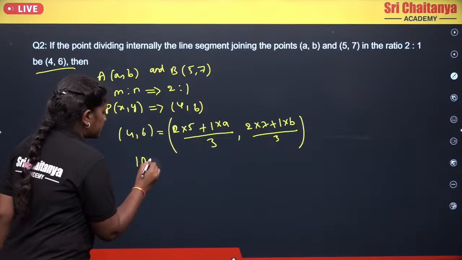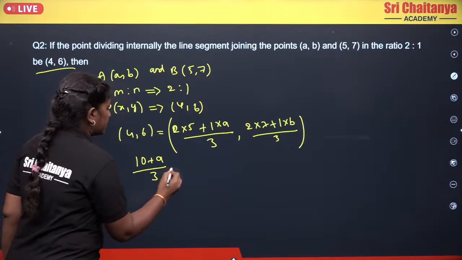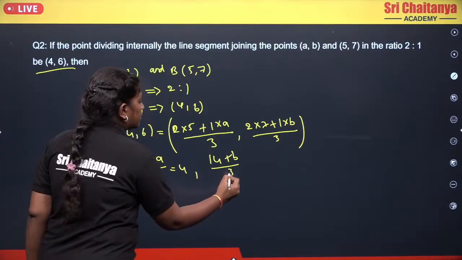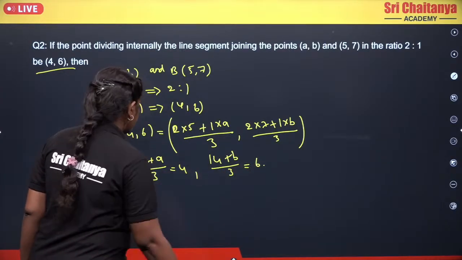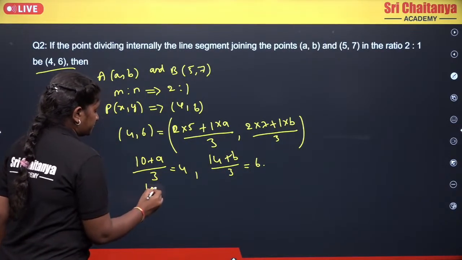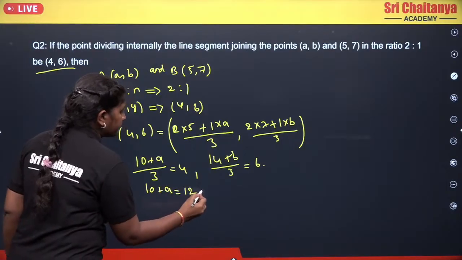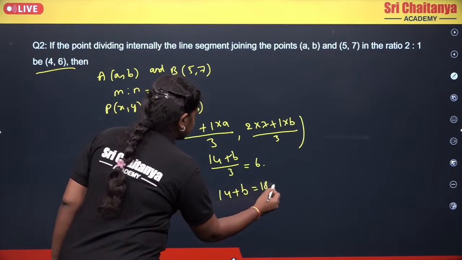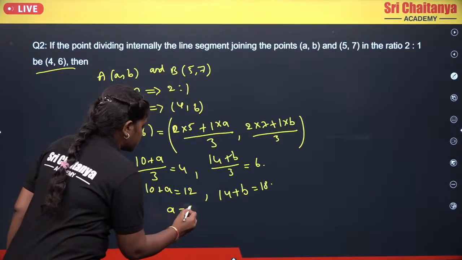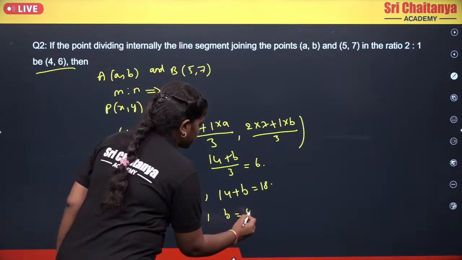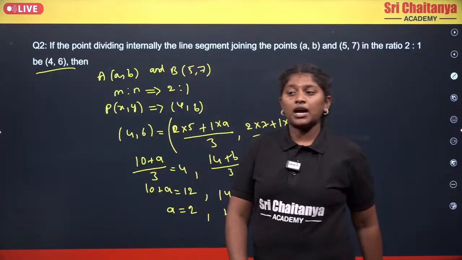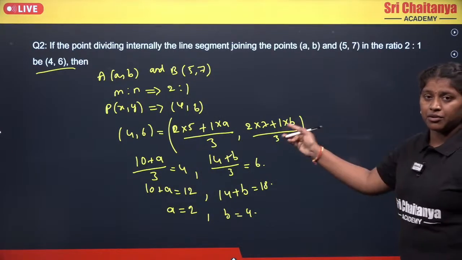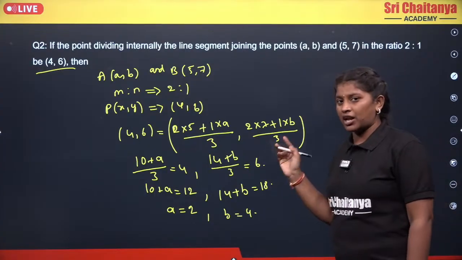So that becomes 10 plus A by 3 equals 4 and 14 plus B by 3 equals 6. Okay. Now 10 plus A equals 12 and 14 plus B equals 18. Once again A equals 2 and B equals 4. Clear? So this is how we are going to find using the section formula. Just equate your points and from there you will get the required A and B values.